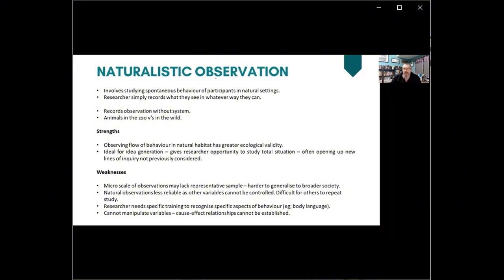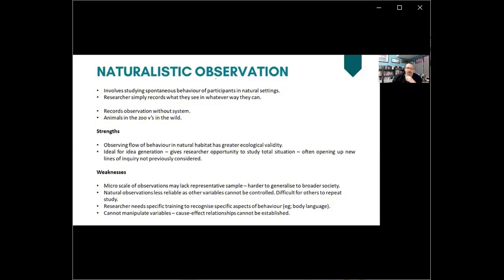And that might need different approaches to be able to get conclusions that have a deeper meaning or a broader meaning from that. Natural observations are also considered less reliable as we cannot control some of the other variables that come into play.